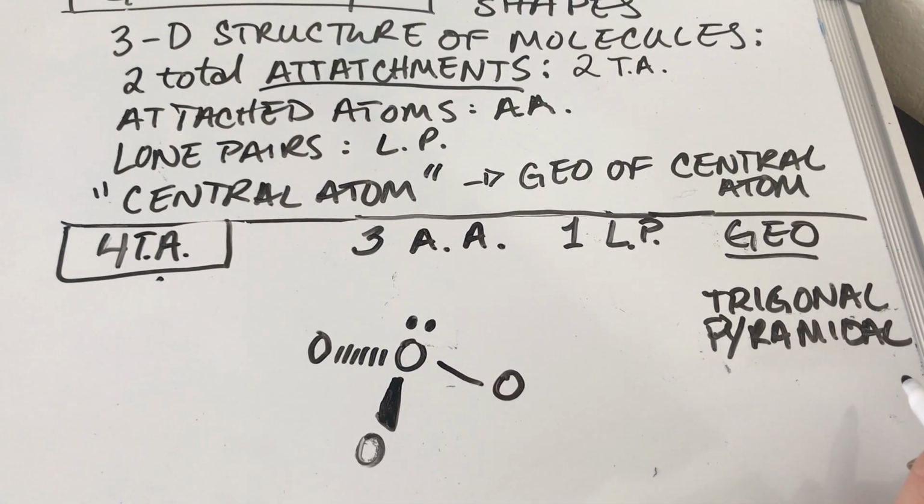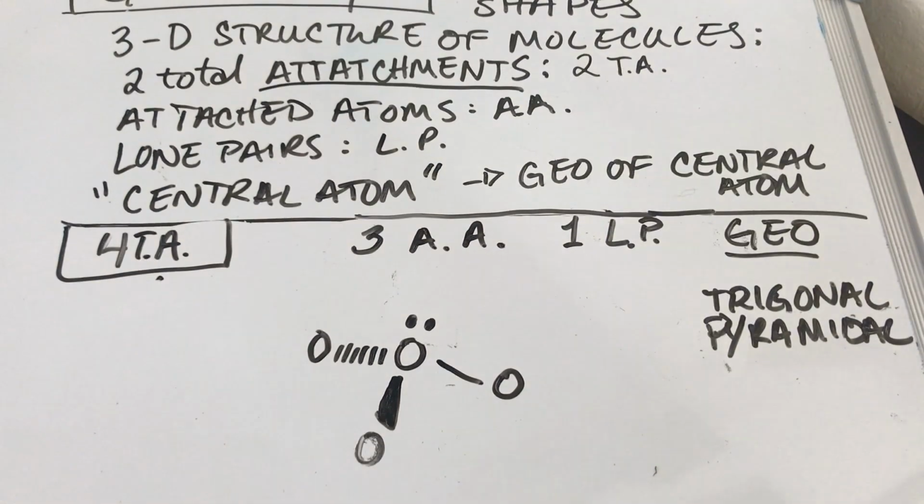Pyramidal. I just had a really stupid moment there for a second. Sorry. I was like, pyramid? Do you guys have those moments when you're studying chemistry that you're like, that shape?